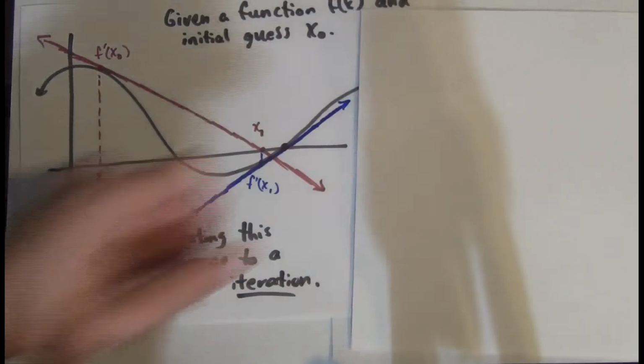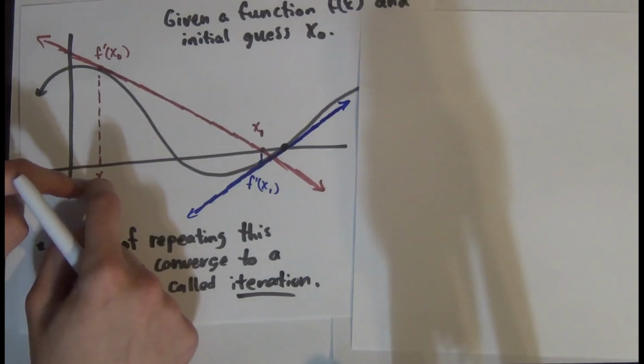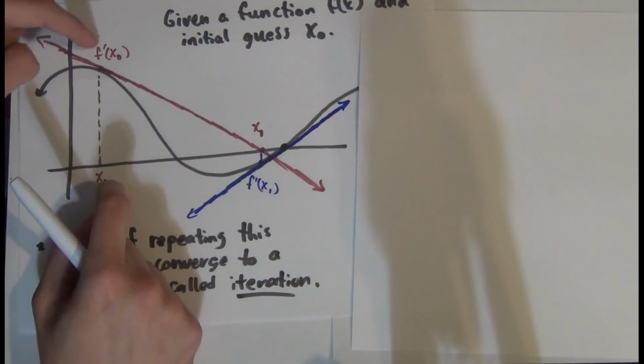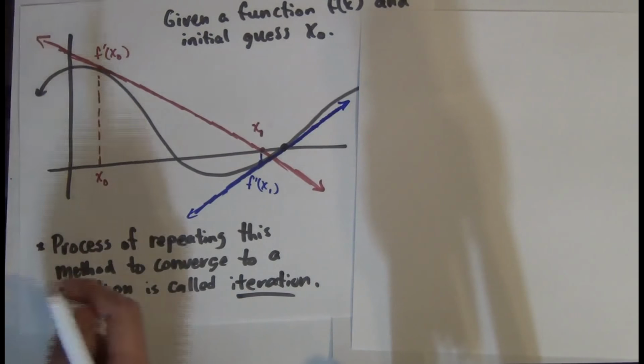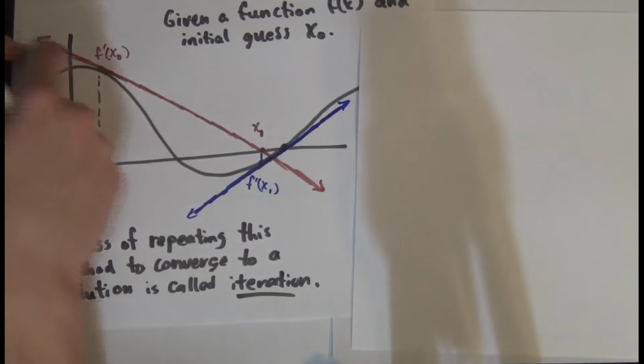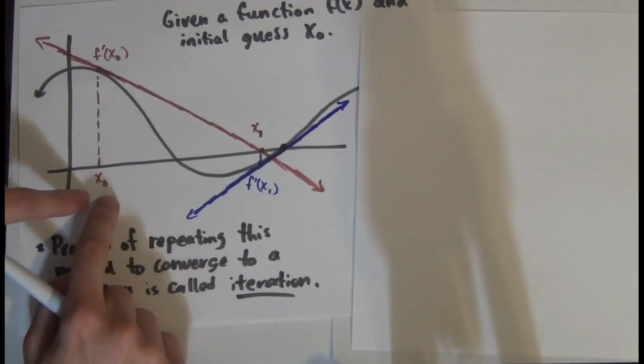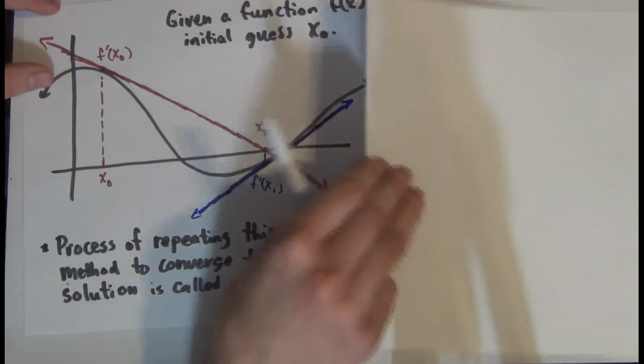So the first thing that I did was I took my initial guess and I determined the derivative at that point. But furthermore, I actually determined the equation of the tangent line formed with that initial guess. So we can do that.